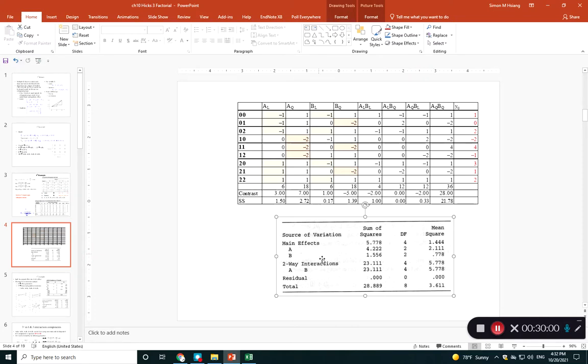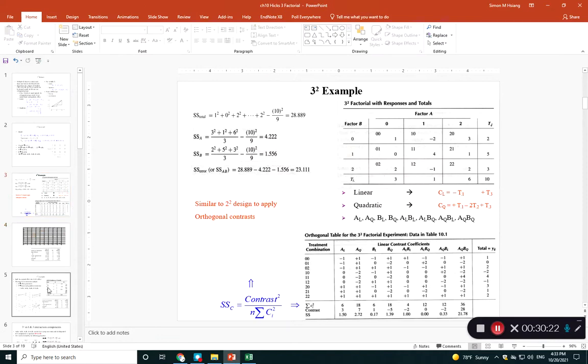Then we would need to eliminate a few terms to be used, but in this example I don't want to do any pooling. I just want you to use this simple example to figure out where the linear effect and the quadratic effect come from.